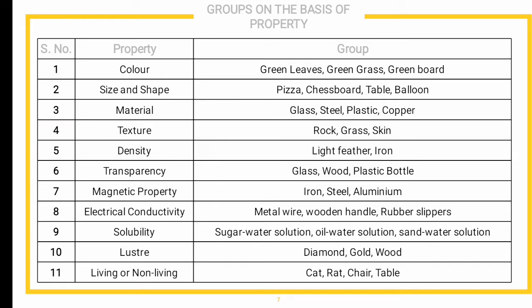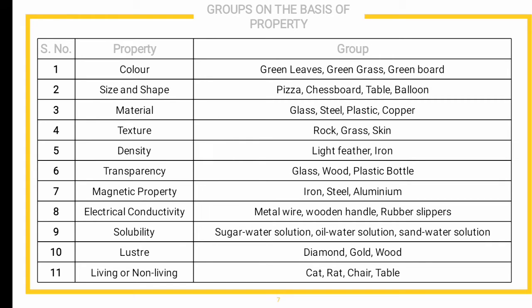Transparency: glass, wood, plastic bottle. Magnetic property: iron, steel, aluminum. Electrical conductivity: metal wire, wooden handle, rubber slippers. Solubility: sugar water solution, oil water solution and sand water solution. Luster: diamond, gold, wood. Living or non-living: cat, rat, chair, table. So these are the groups on the basis of properties.